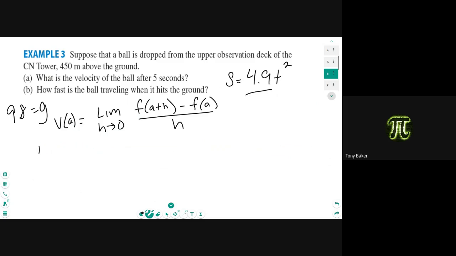So that means my limit as h goes to 0 of 4.9 times a plus h squared minus 4.9 a squared over h.